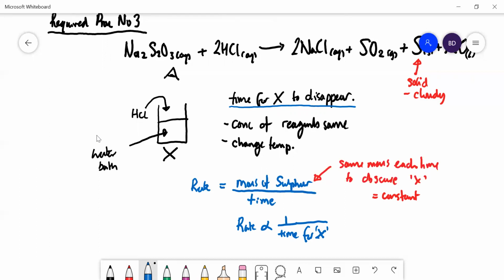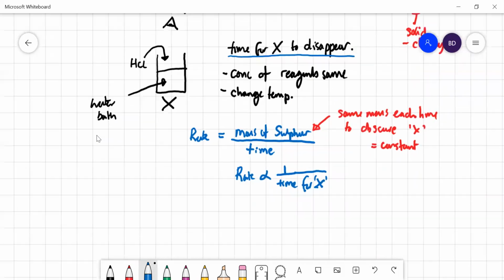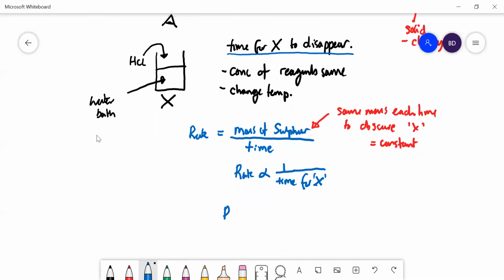Rate is proportional to 1 over the time taken. So we can say that rate is equal to a constant over the time. Now that constant really should be the mass of sulfur, but we're not going to work out the mass of sulfur.